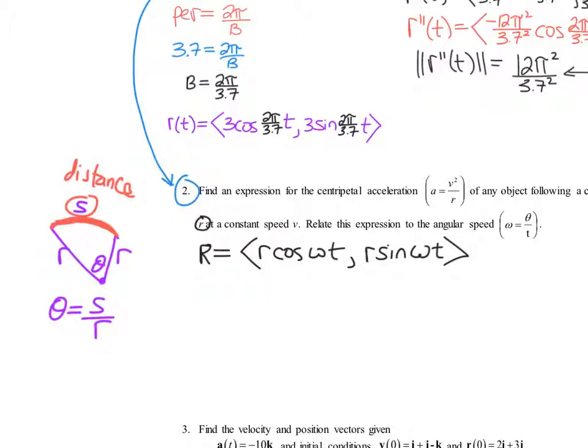But we also have a relationship that relates velocity and time. We're getting to that issue here, and that comes from this idea. It's just flat out given to us in the problem. All right, so omega is equal to theta over t.